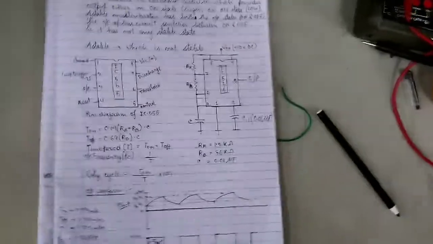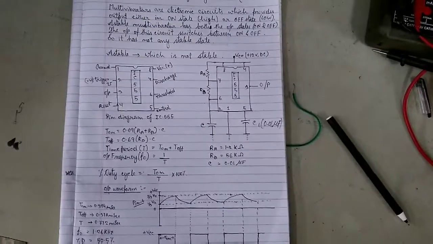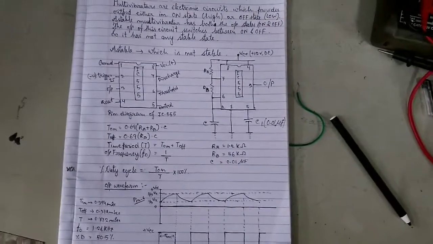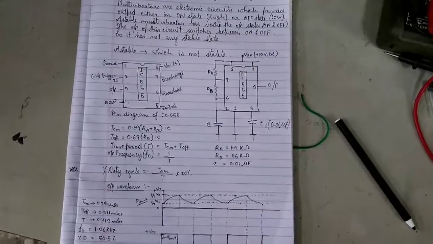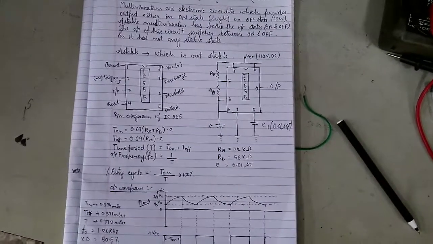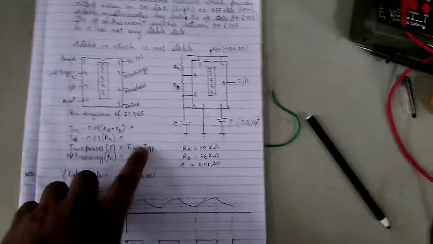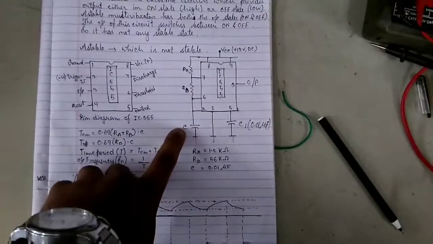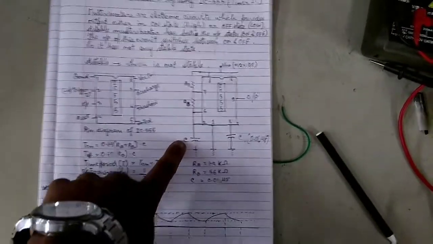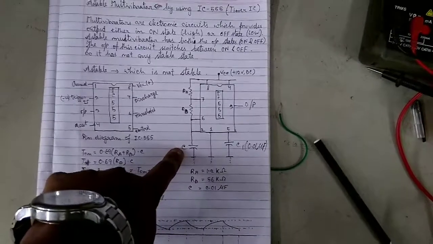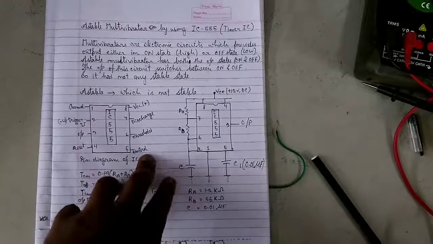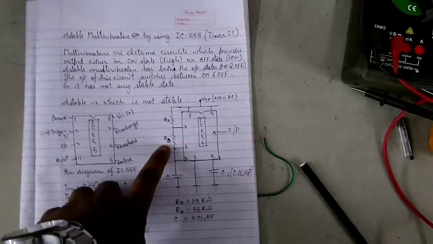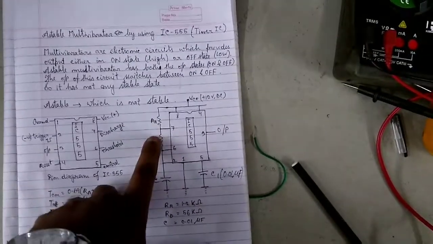And if we want to increase the frequency of the clock generator, we need a variable capacitor. This capacitor should be variable, so we can increase or decrease the value of the frequency. And if we want a different duty cycle, then we need to vary these two resistors.